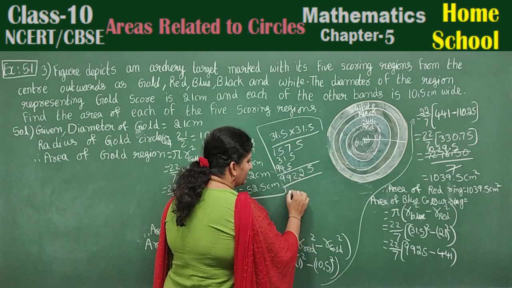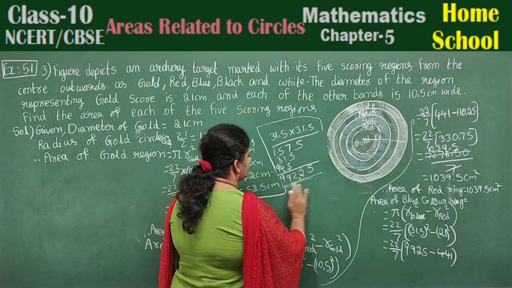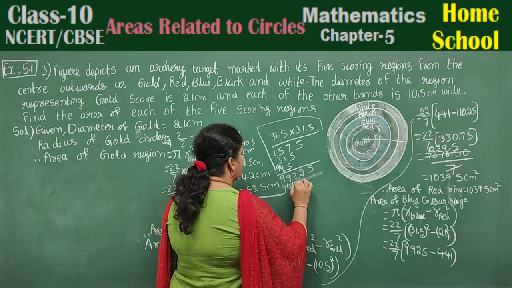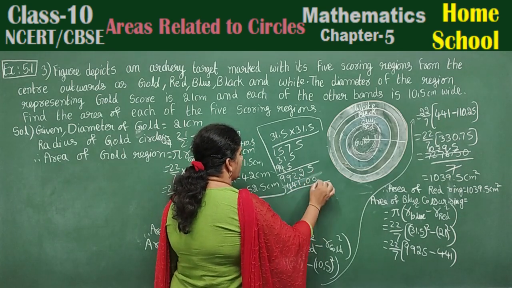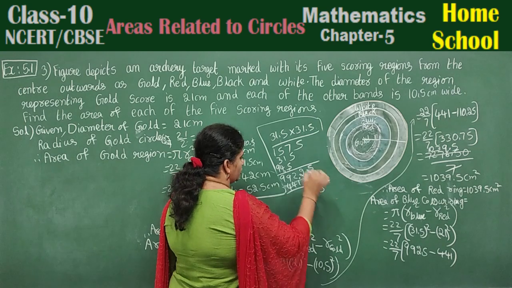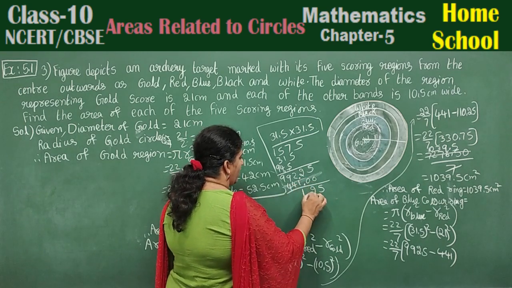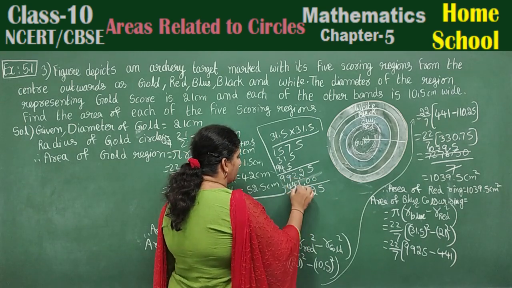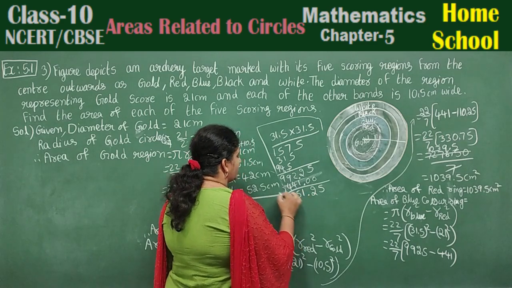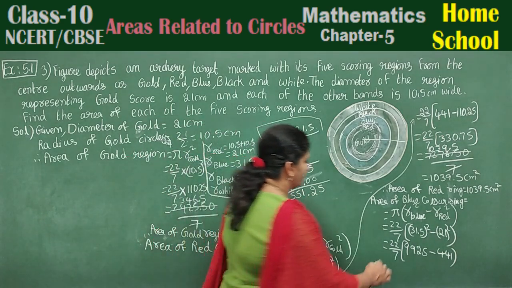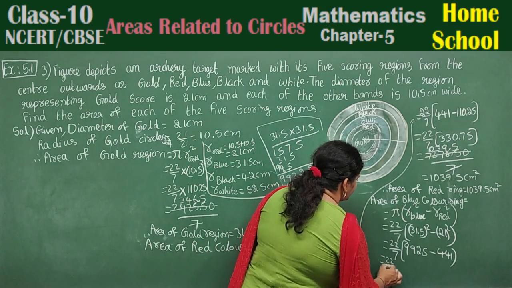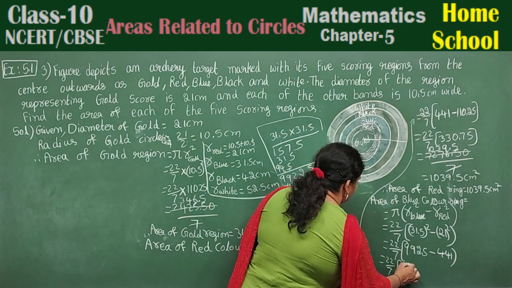Subtract 441 from this, 441.00. 5 minus 0, 5. 2 minus 0, 2. 2 minus 1, 1. Take a decimal point here. 9 minus 4, 5. 9 minus 4, 5. 551.25.